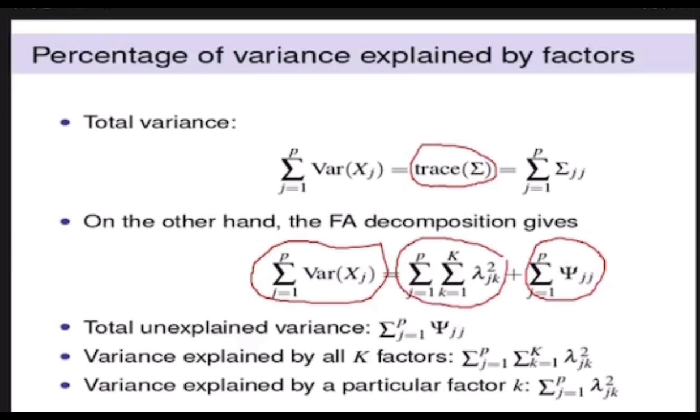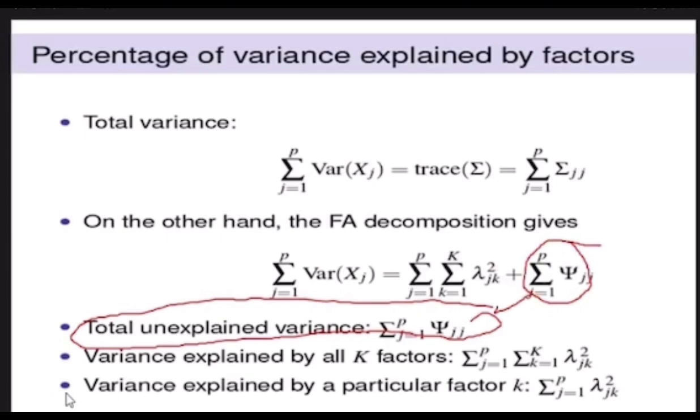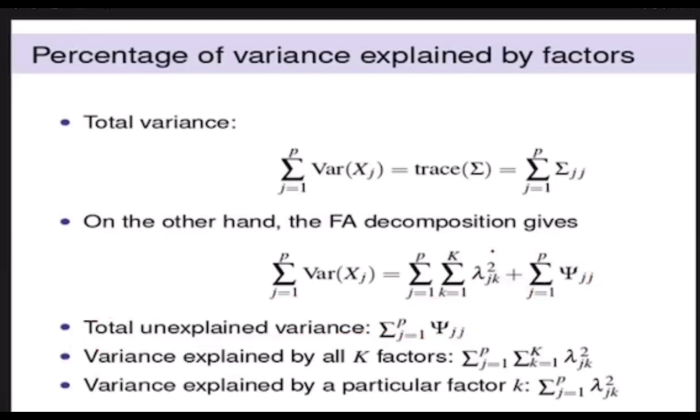Okay, now to be more specific, you can see that is the total unexplained, which is this part. Okay, that's the total unexplained. And if I want to know the total explained, the one explained by all factors, I'm actually talking about this here.